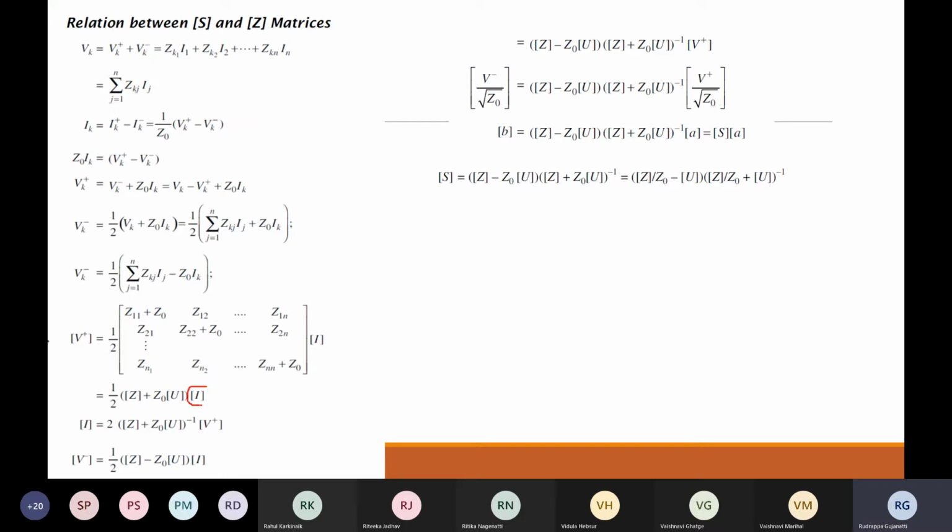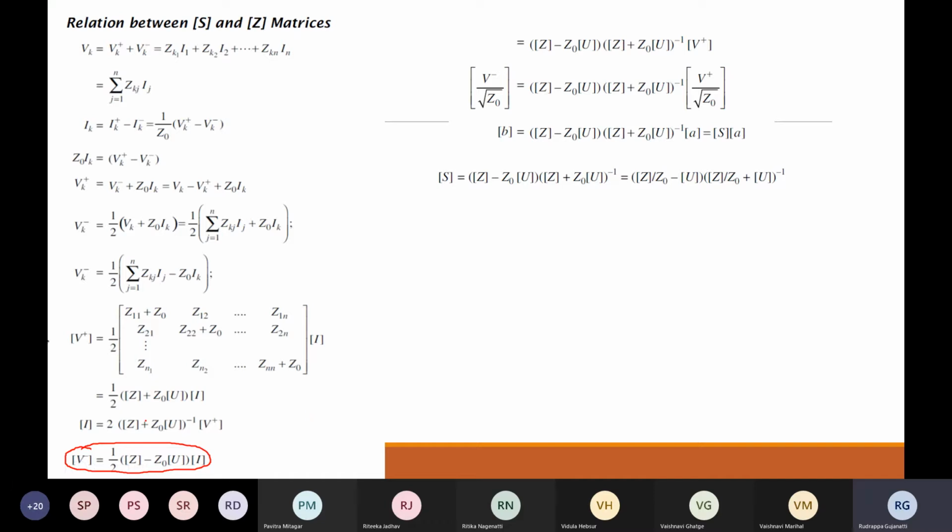If I want to represent this, I can take this parameter to the left hand side and make adjustments, and I'll have the representation for current, given by 2 into the inverse of this matrix into the incident parameters. On similar lines, we can obtain the representation for the reflected waves, that is the reflected voltages.